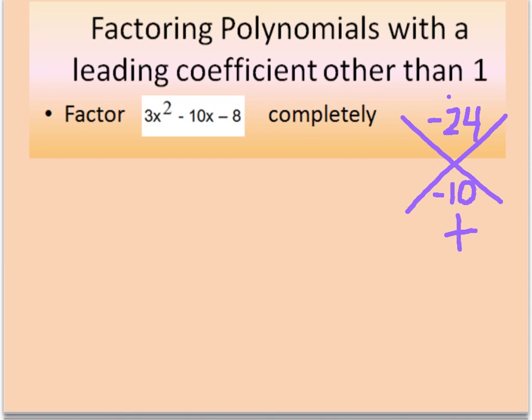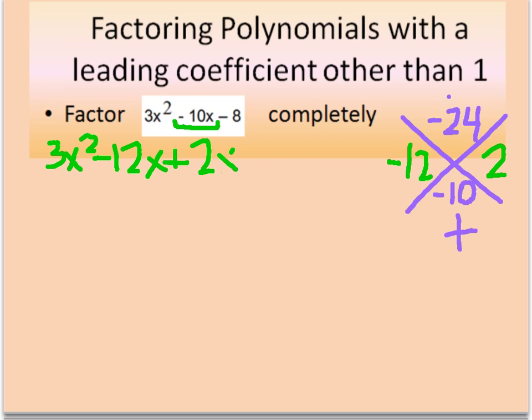Now, two terms that multiply together to a product of negative 24, but a sum when added of negative 10, I know that's negative 12 and positive 2. So I take those two terms to split the middle term in my trinomial. So it becomes 3x squared minus 12x plus 2x minus 8.